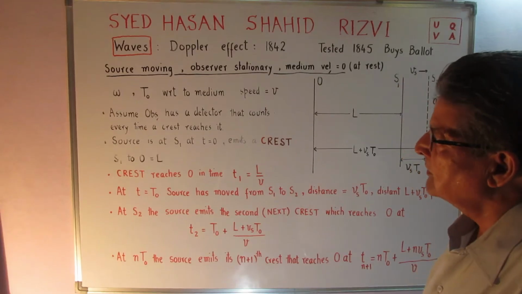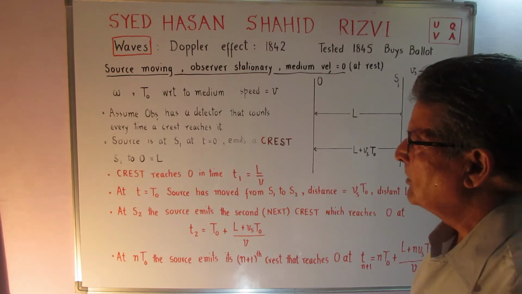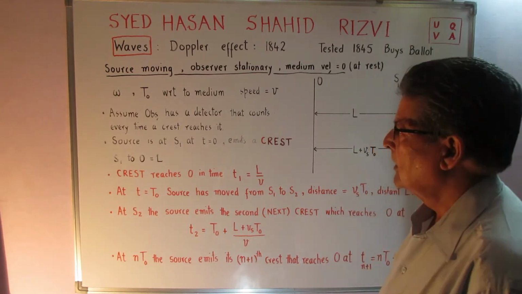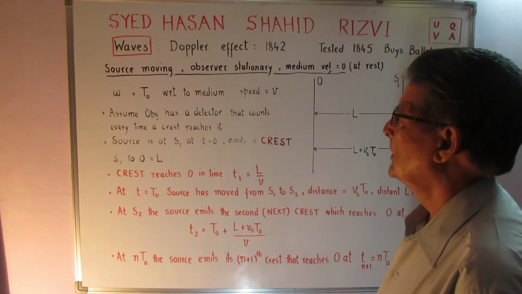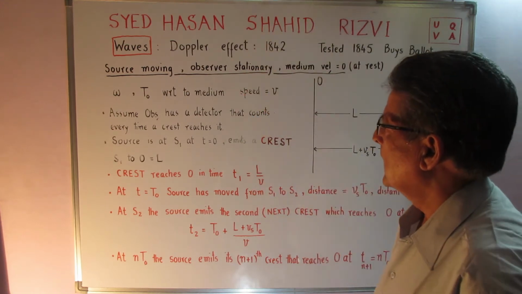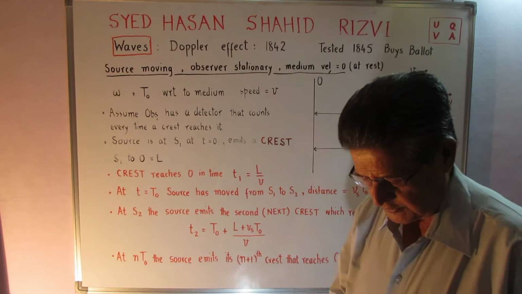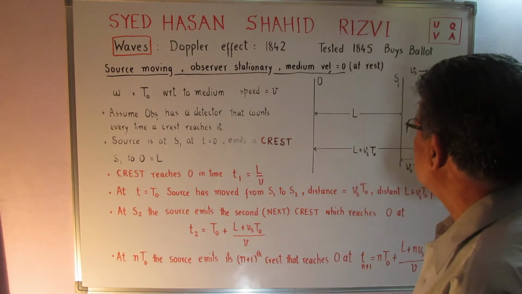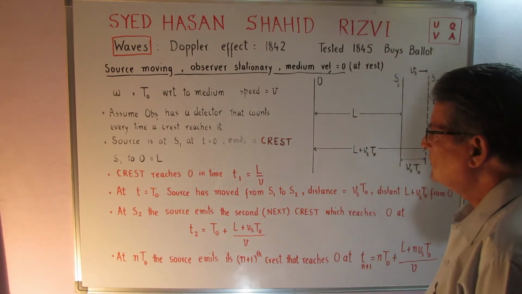So, welcome back. We were talking about the Doppler effect, which was explained in 1842 and tested in 1845 by Buys Ballot.